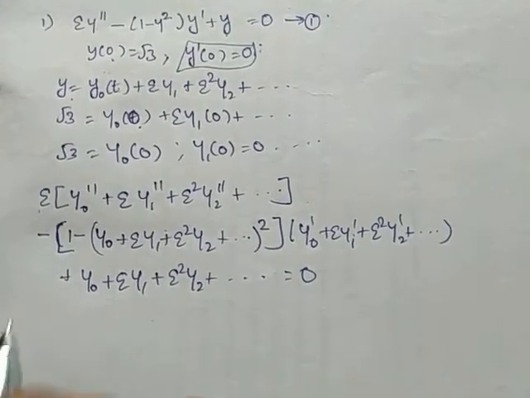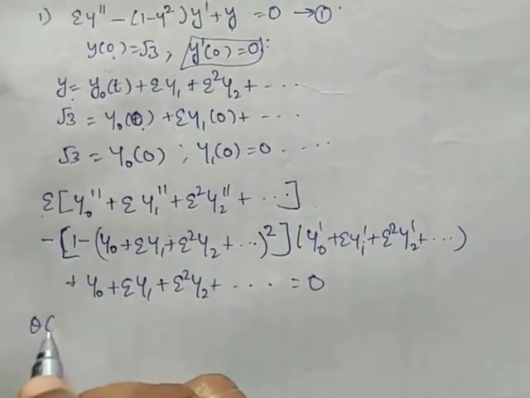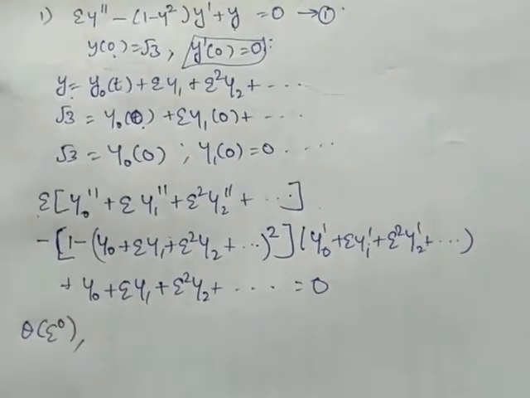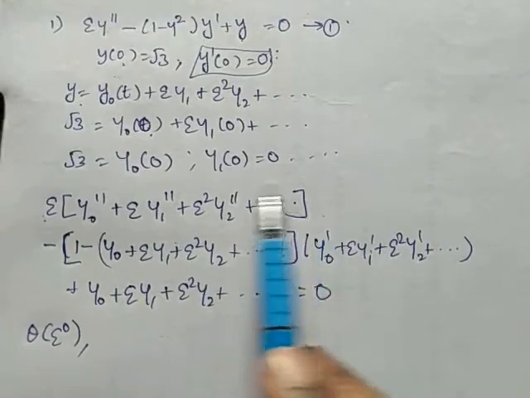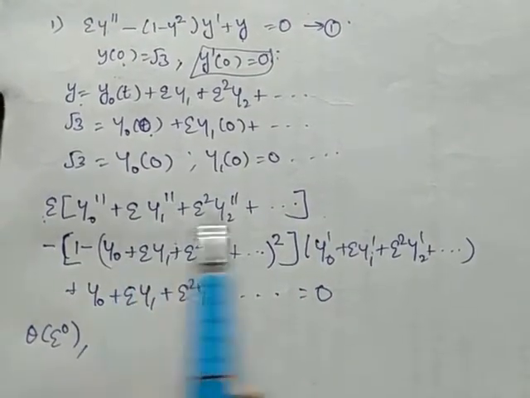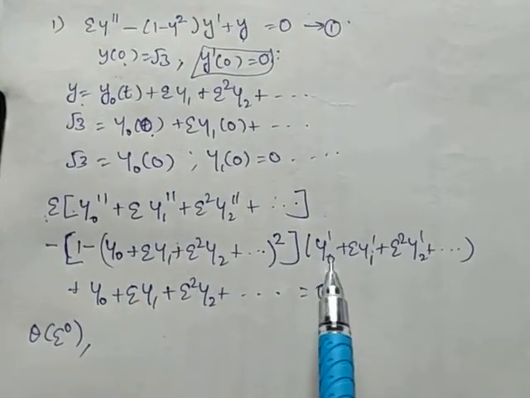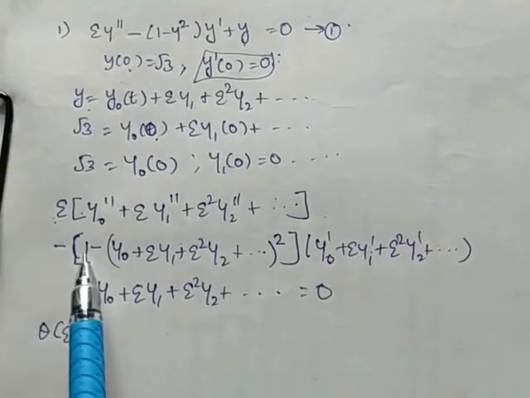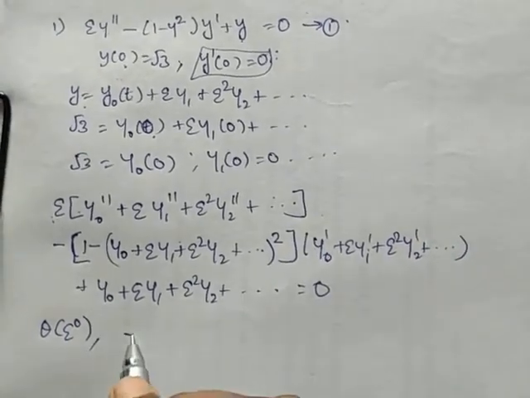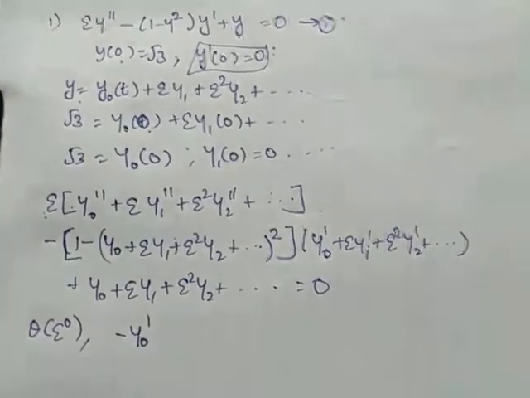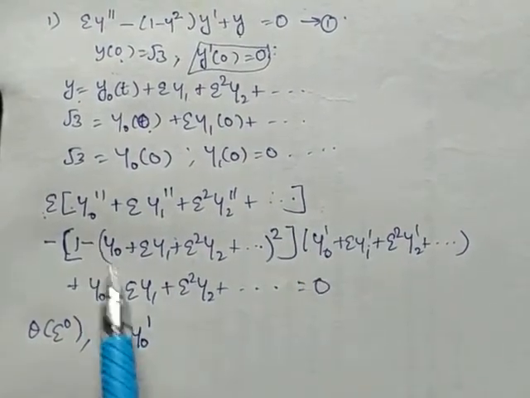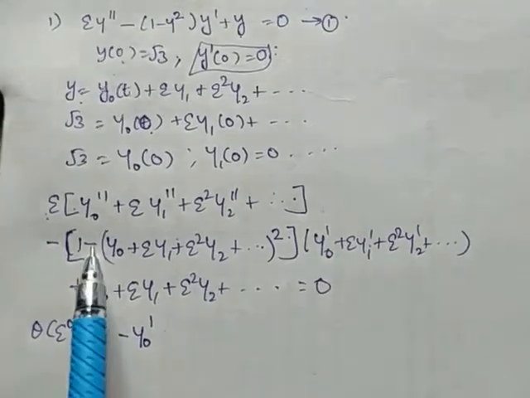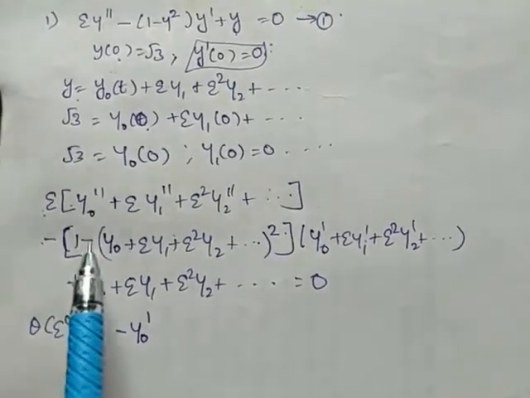Now we have to equate the coefficient of epsilon to the power 0 in this equation. Here every term is having epsilon, so we will not get any term here. When we multiply y naught dash here, we will get minus y naught dash. When we expand this, we will get y naught square. Minus into minus will become plus.